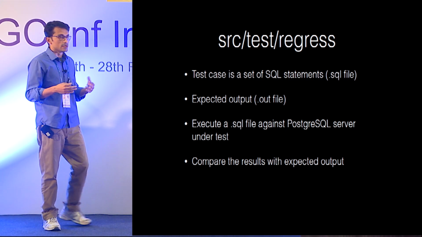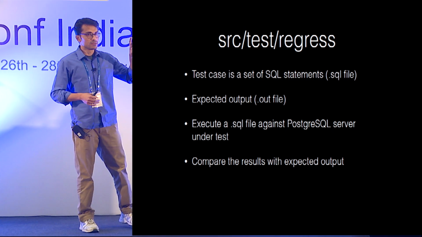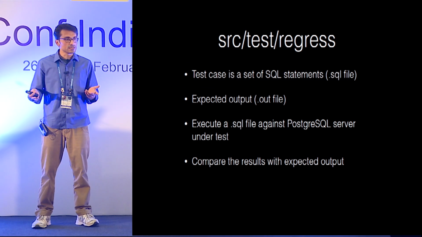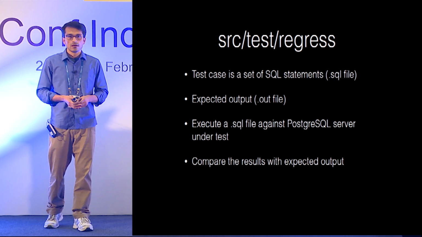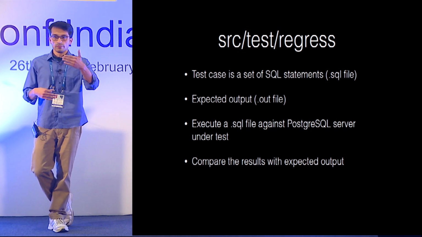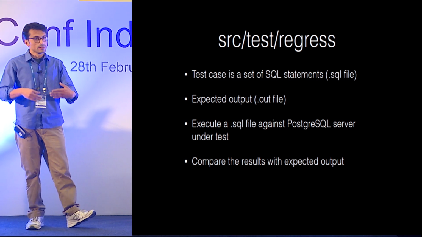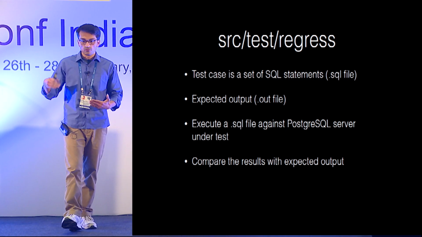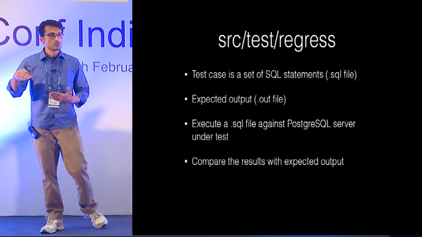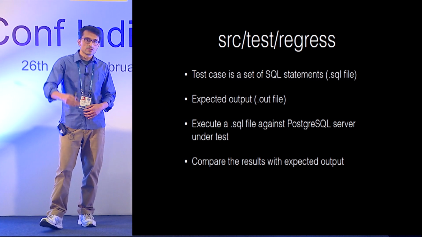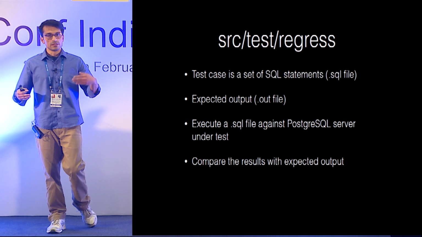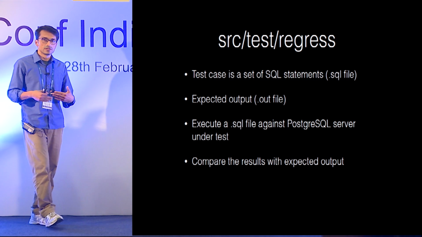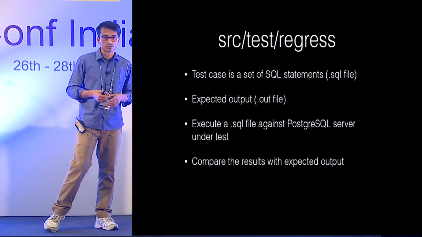So a test writer typically writes this set of SQL commands, runs them against the system under test, which is a Postgres instance, and then generates an answer file, manually inspects it if it is okay, and then freezes it as the expected answer. And then what happens is any change that is made to the Postgres code base, the same set of SQL is run, the results that are generated are compared against the answer file, and if there is a problem, then that test fails if the results do not match.